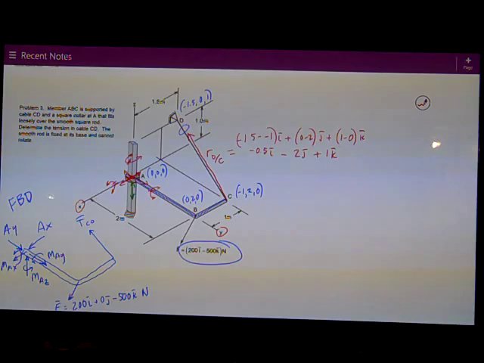Then I want to get a unit vector, so I divide by the magnitude, which is the square root of the sum of the squares, 0.5 squared, 2 squared, 1 squared. That all works out to be the square root of 5.25. So I can just divide all these by the square root of 5.25, and that's the components of the tension in the cable.